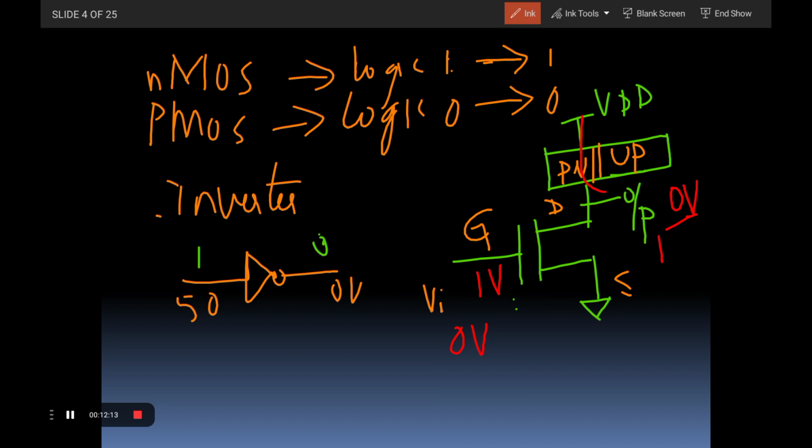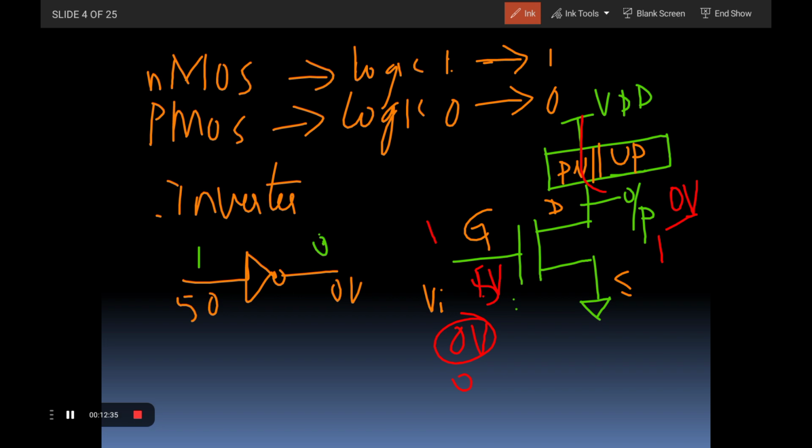It is not 1 volt, just take for assumption 5 volts generally. So logic 1 simply. And 0 volts is logic 0. This is generally called the nMOS transistor acting as an inverter.